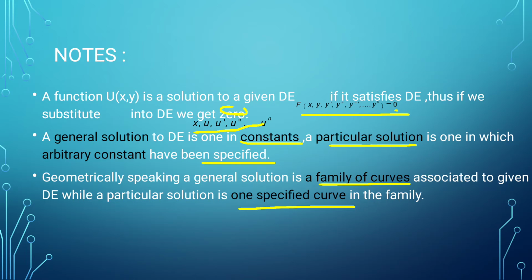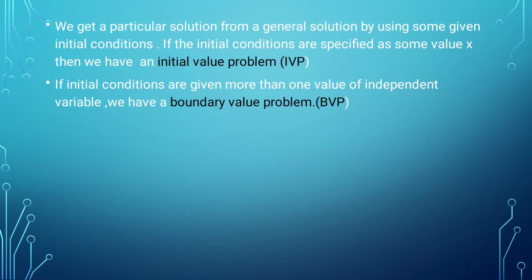If you geometrically or graphically want to represent a general solution, you get a family of curves. So that's the difference. We can get a particular solution from a general solution by using some given initial conditions. So if you are given initial conditions, then you'll get a particular solution.